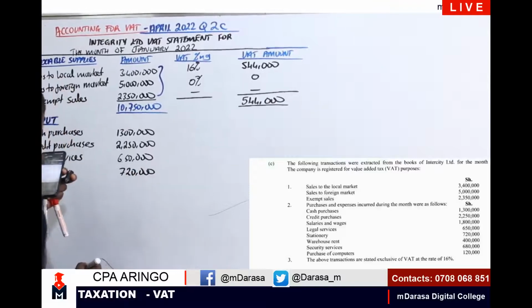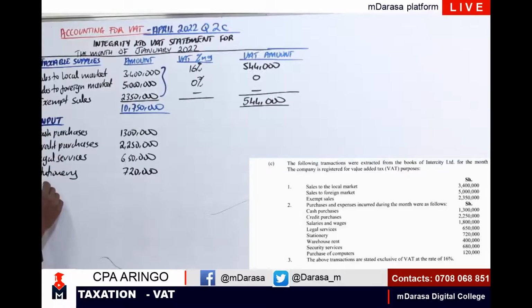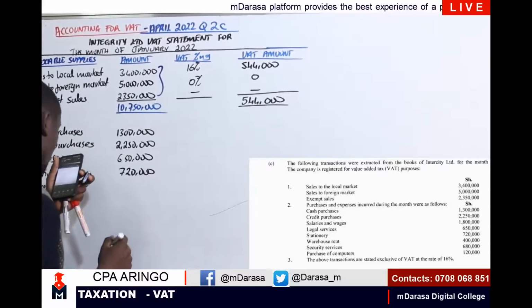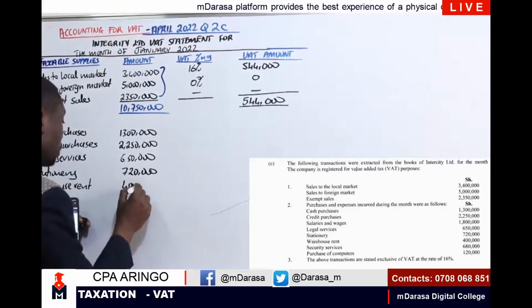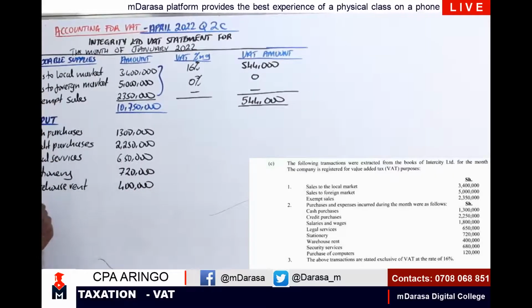We are having warehouse rent. Of course, that is commercial. If it is commercial, it will attract VAT, 400,000.